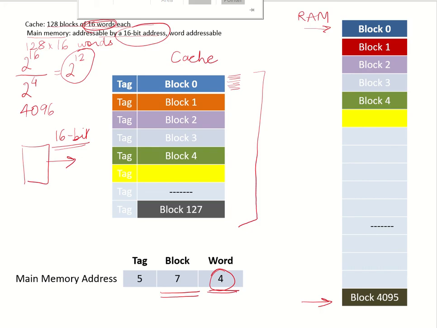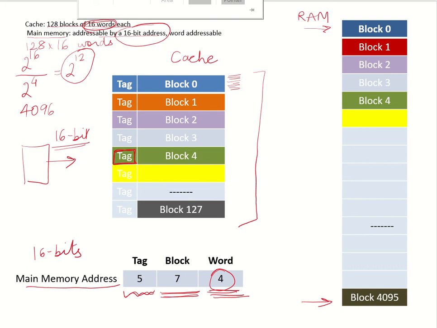The remaining 5 bits: this main memory address was of 16 bits. 4 bits have been used to refer to the word within the block, 7 bits to specify which cache block the main memory block is mapped to, and the remaining 5 bits will be stored as tag bits.